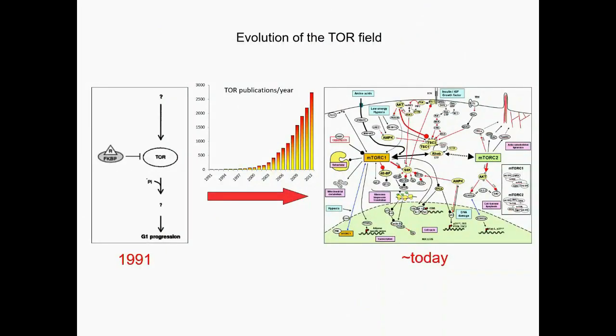And then I will hopefully get you up to date on where we are. In the first slide, I will show you what I consider an overview of the mTOR field.